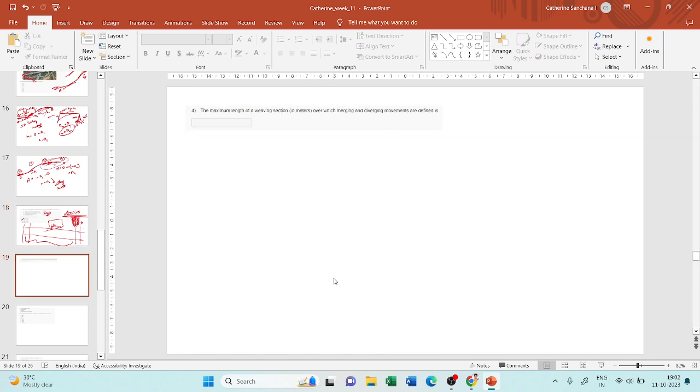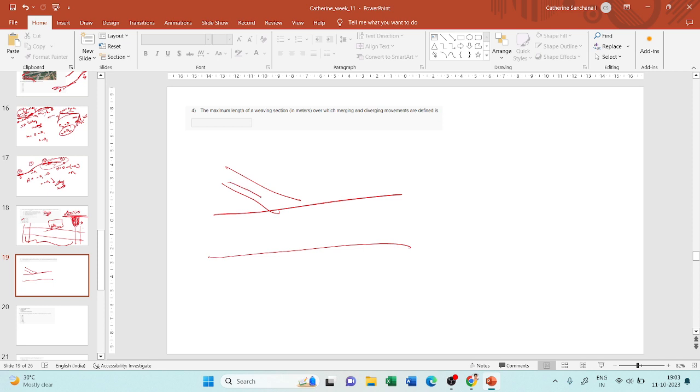Moving on to the next question. The maximum length of a weaving section over which merging and diverging movements are defined. So what is merging? We saw what merging is. I'm traveling on a road, and there's some other road here.